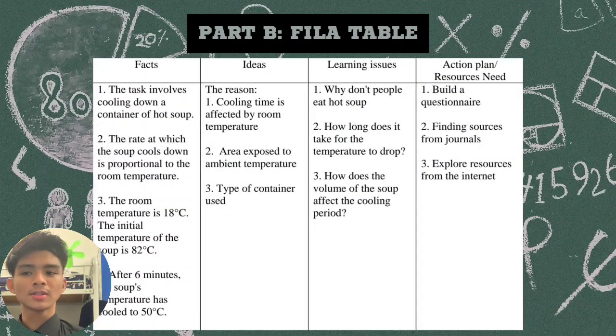So for the question, let me explain in the table. Number 1, the task involves cooling down a container of hot soup. Second, the rate at which the soup cools down is proportional to the room temperature. Number 3, the room temperature is 18 Celsius. The initial temperature of the soup is 82 Celsius.